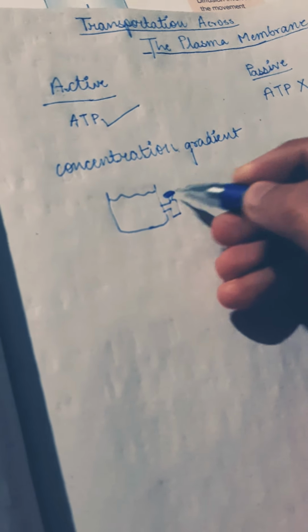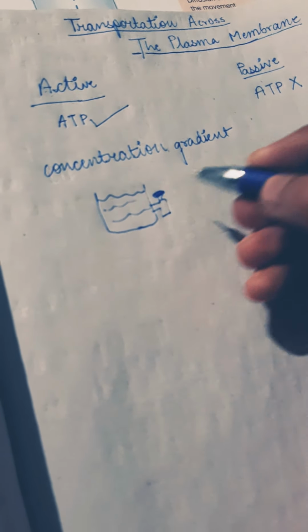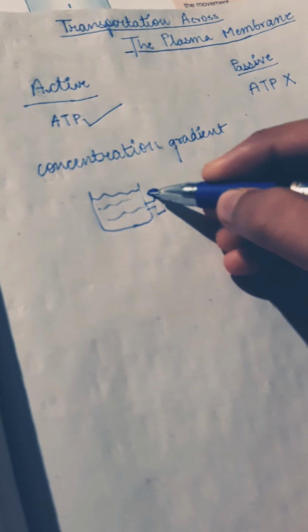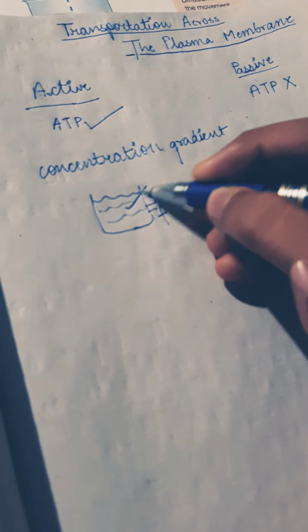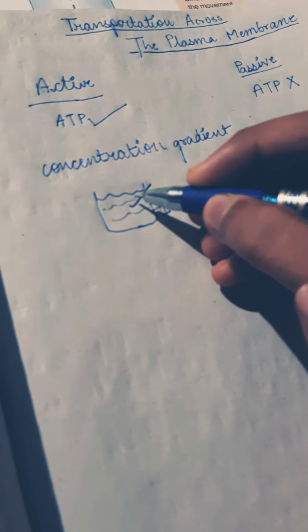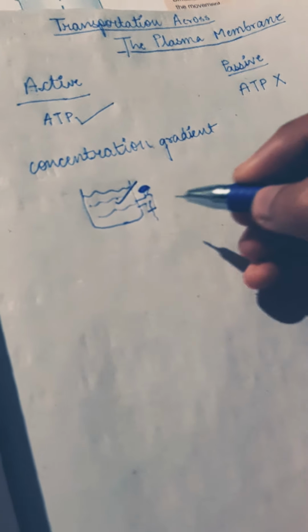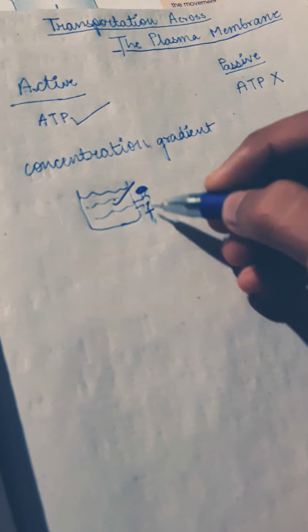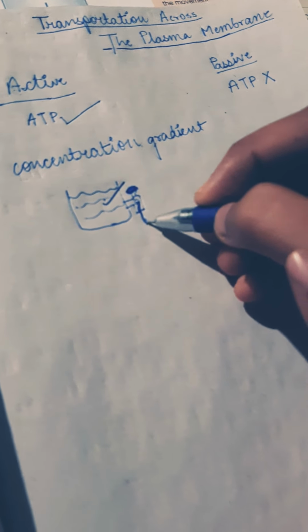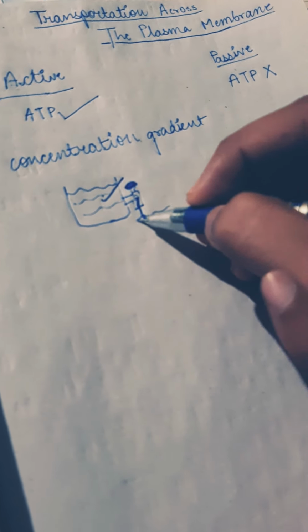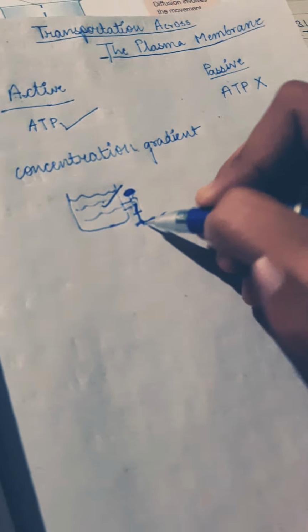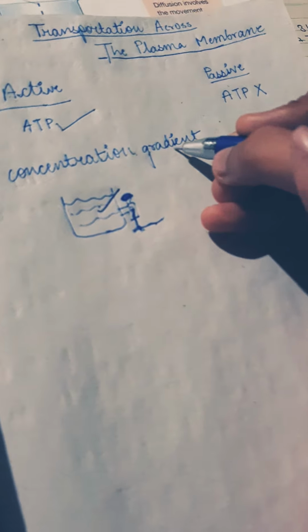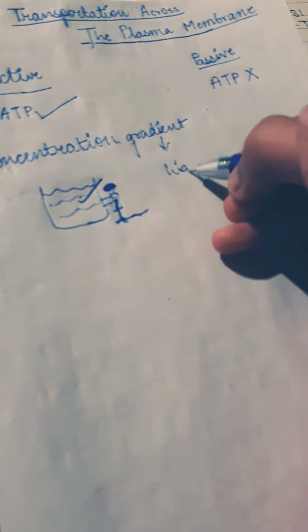If we open the tap, then water will move from where the water is in high concentration, to the part where water is not there. It will move to the ground because it has a way to pass through. That's why the concentration gradient is from high to low.